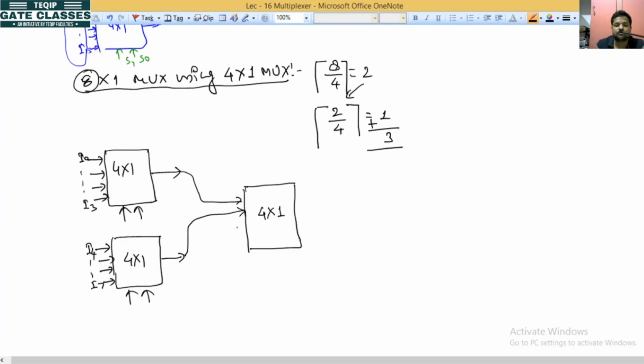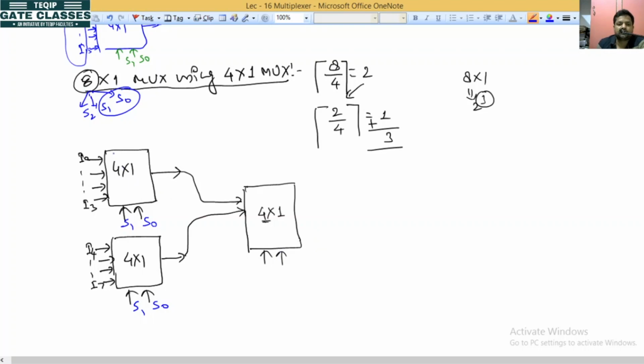So we require how many? 4 inputs here. So what happened? What do we have to do? Suppose the 8 cross 1 mux has selection lines S2, S1, S0. Then these two selection lines will be placed on the first level. We know that, and in this order only. First S1 will be there, then S0, okay na?